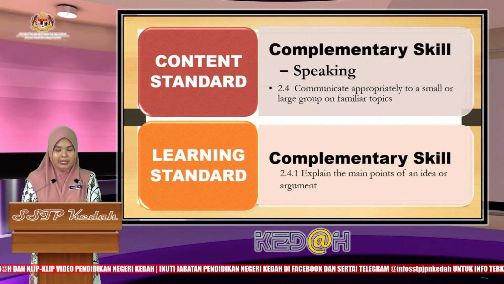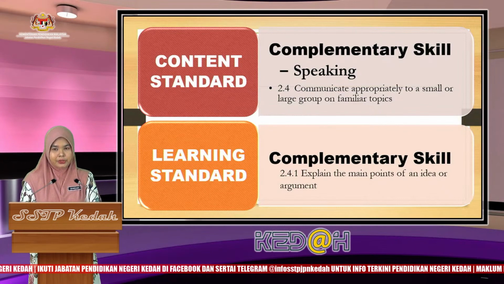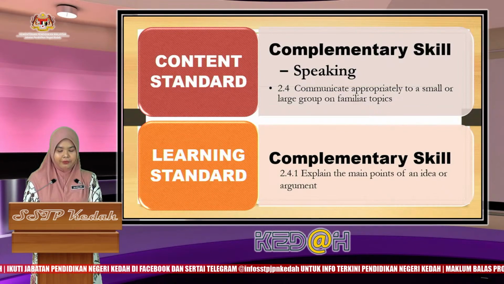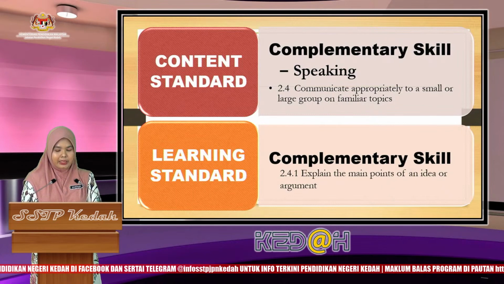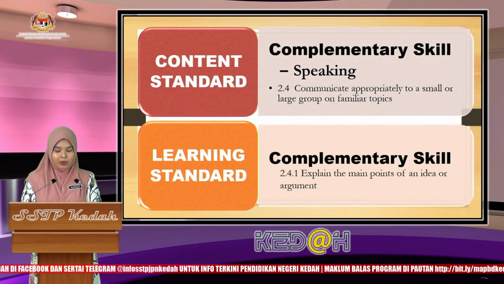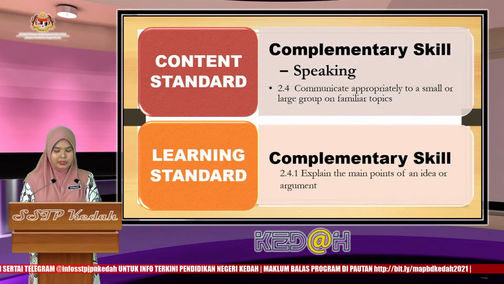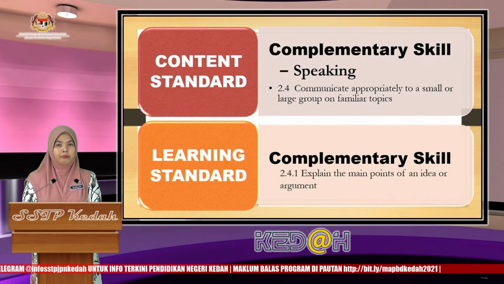Again, the content standard of this lesson is reading 3.1 and the learning standard is reading 3.1.5. Okay, let me read the content standard. For 3.1, understand a variety of texts by using a range of appropriate reading strategies to construct meaning.